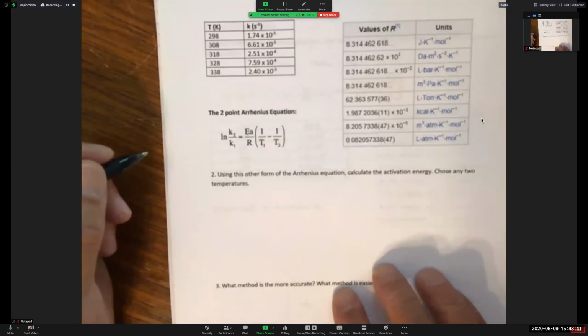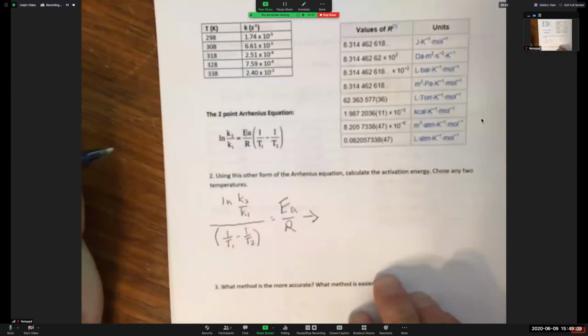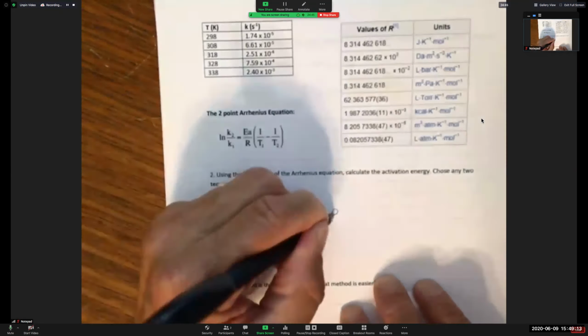I'm going to rearrange this: take the log of K2 over K1 and divide the whole thing by 1 over T1 minus 1 over T2, and that's going to equal Ea over R. If we multiply both sides by R, we get R times the log of K2 over K1 divided by 1 over T1 minus 1 over T2, and that's going to equal our activation energy.